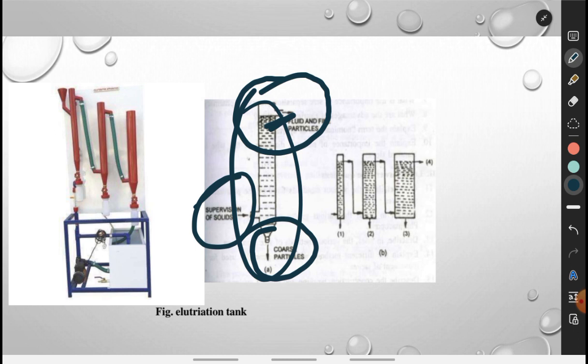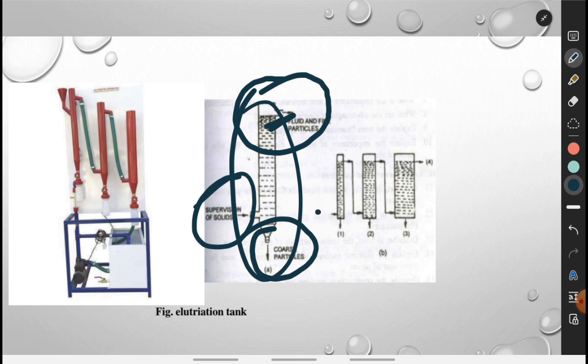The material whose particles are to be separated is filled into the elutriation tank, then a large amount of water is added, then the content is stirred, then left aside for separation. Coarse particles will separate at the bottom, and the fine will transfer into another.